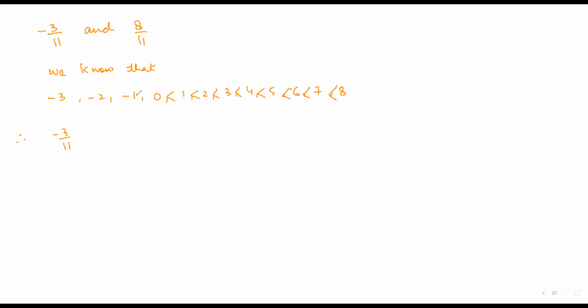So basically it is saying that all these numbers are falling between 8 and -3. If I divide all these numbers by 11, I'll get -2 by 11, -1 by 11, then 0 by 11, which will remain 0, then 1 by 11, 2 by 11, 3 by 11, 4 by 11, 5 by 11, 6 by 11, 7 by 11, and then 8 by 11, right?